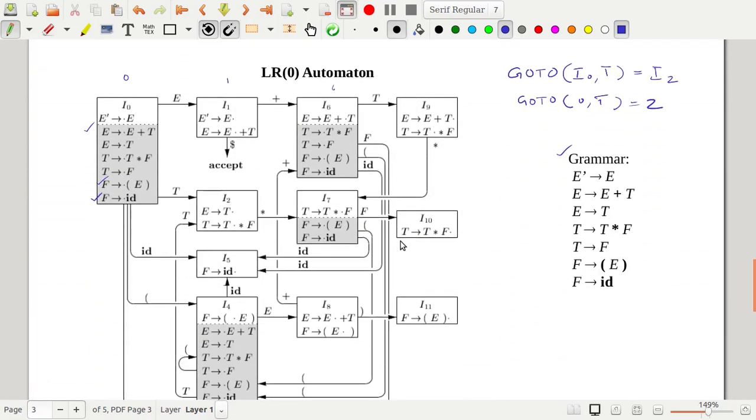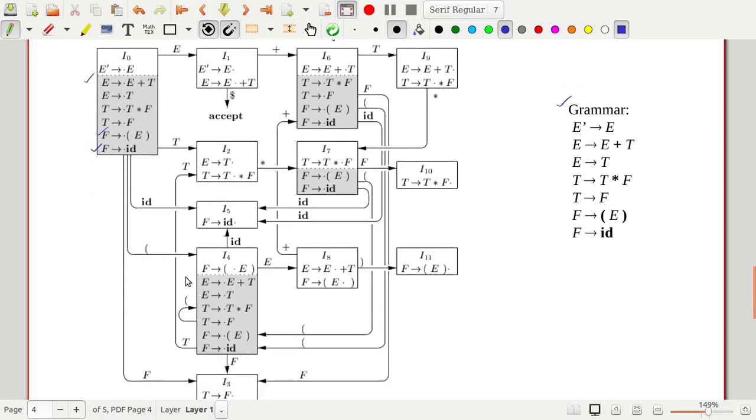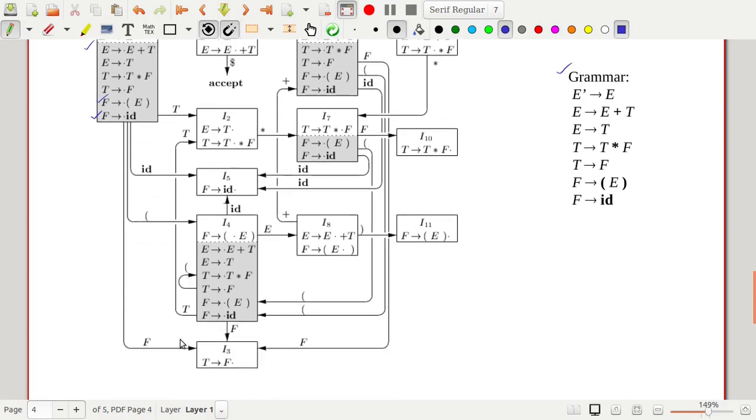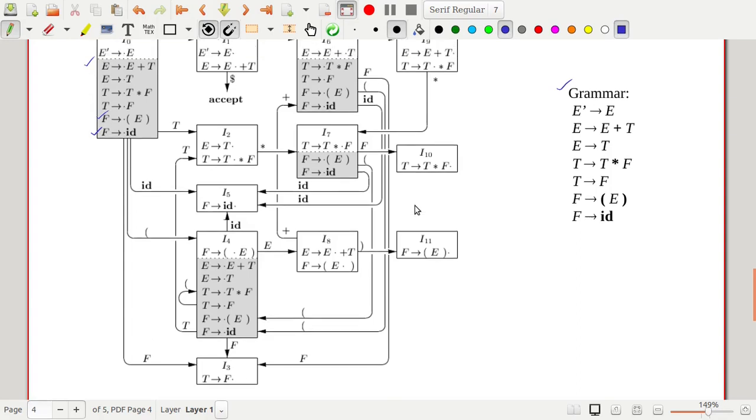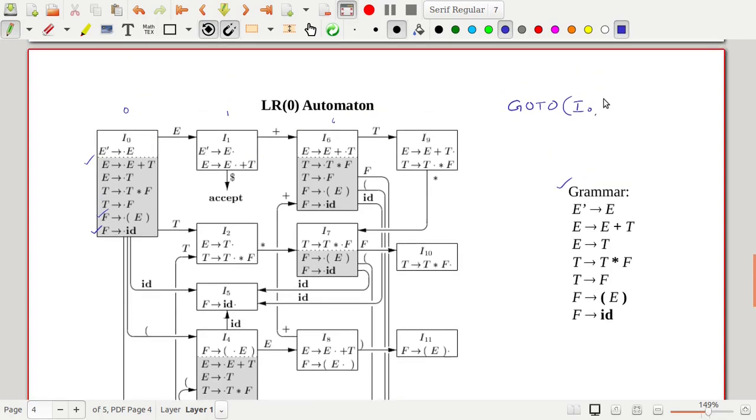Then that's about E and T, and then next we can consider the non-terminal F. Go to of I0 comma F. ഇവിടെ നിന്ന് എഫ് വരുമ്പോൾ എന്താ സംഭവിക്കുന്നത്? I3 പോകുന്നത് അല്ലേ. അപ്പം സോ we can write like this, is equal to I3.